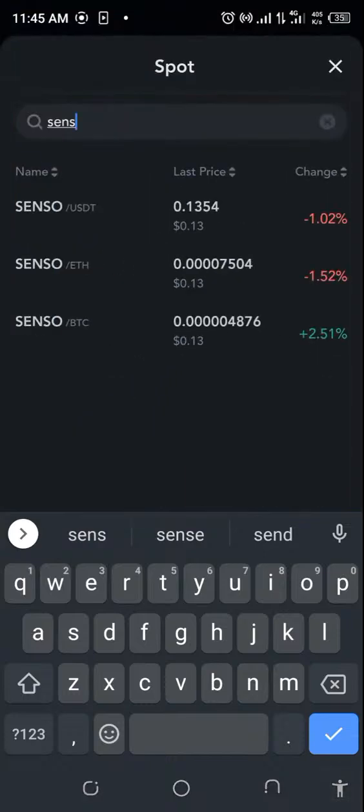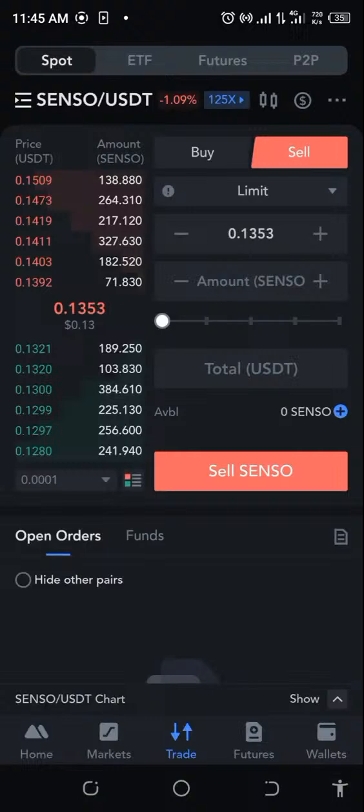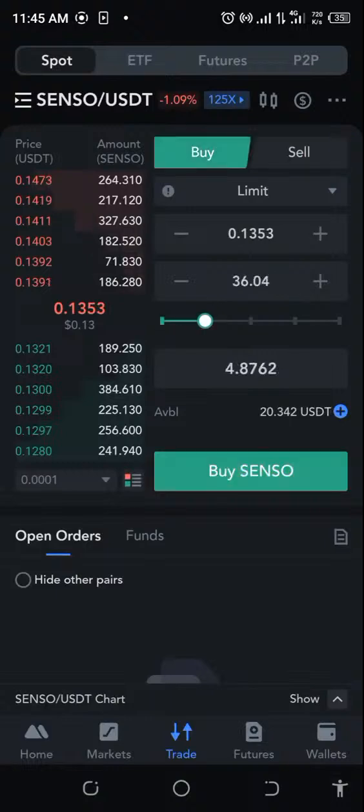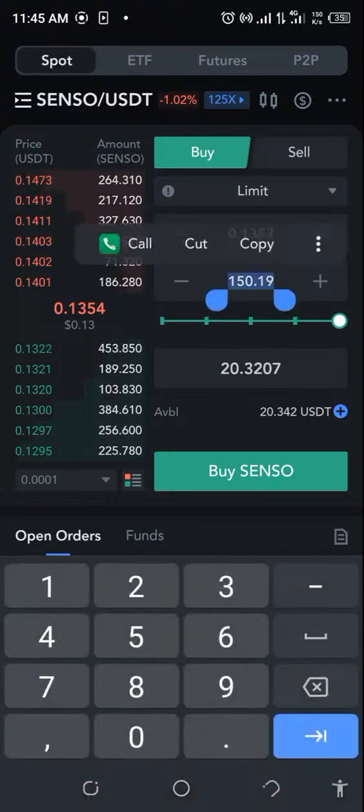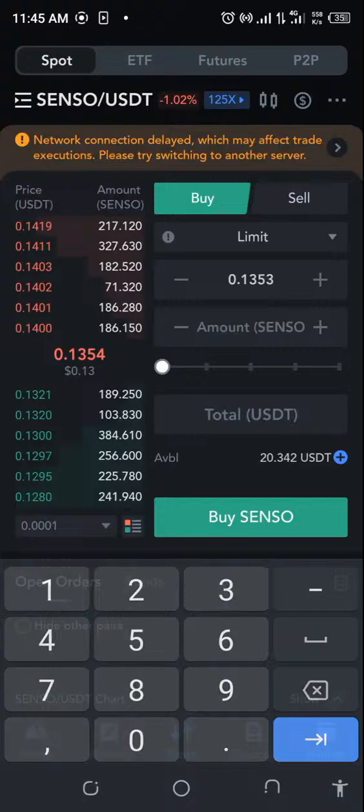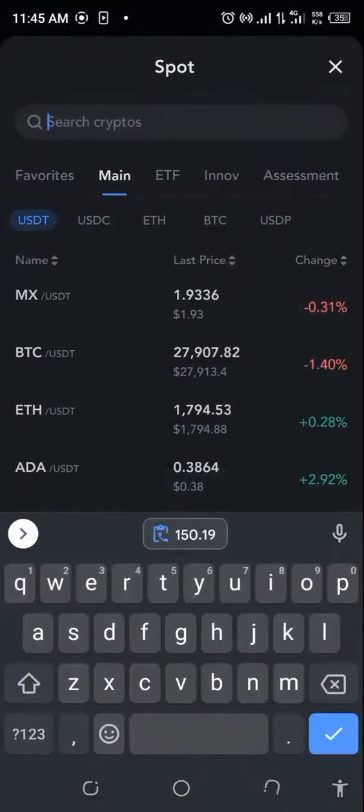Let me go back and try this out and then try to sell to ETH. Okay, so maybe with that, I could see whether that would be a better option. You can see now it's gone down to 150.19. Okay, so let me copy this. Cut that and then go to Senso ETH.